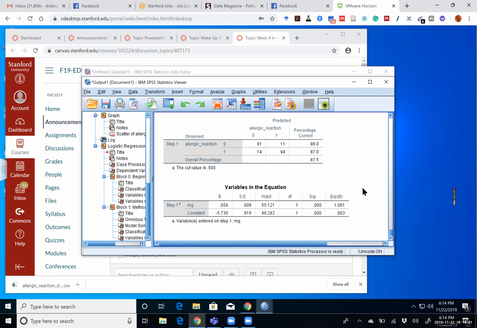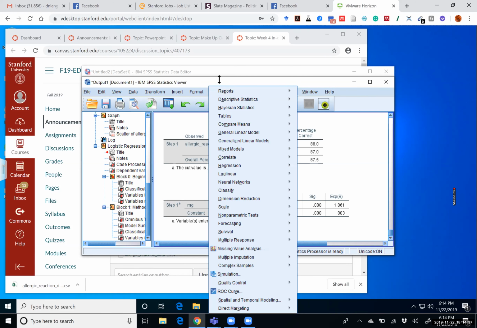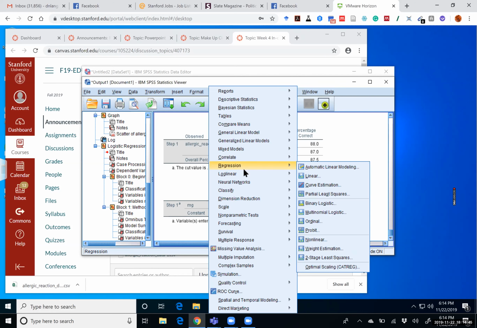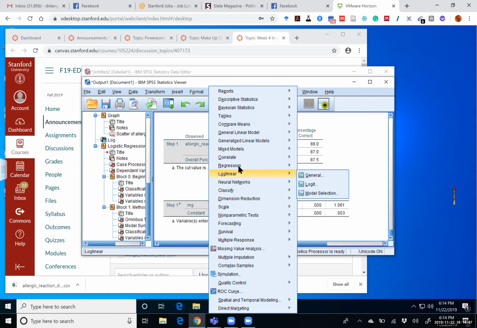But let's do a plot of these two predictions, and you can sort of see the relative advantages and the relative disadvantages. But first, I want to show you what the logit plot looks like.